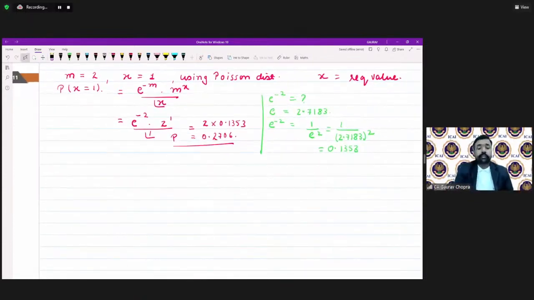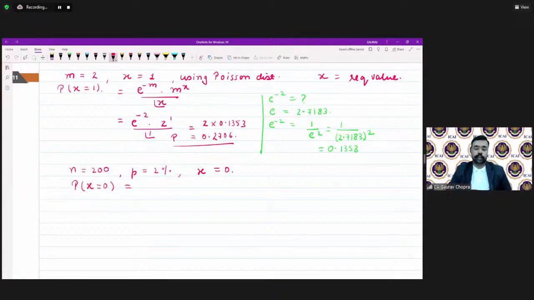Now let us take one more example. If say n is 200 and probability is 2%, x is equal to 0. And we have to calculate probability when x is equal to 0 with the help of Poisson distribution.